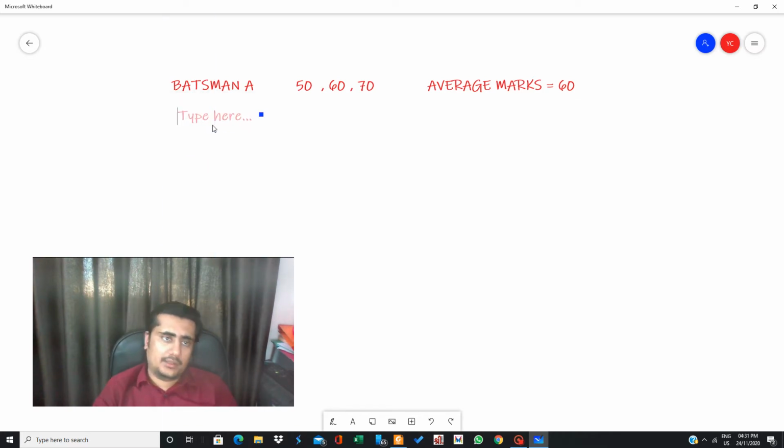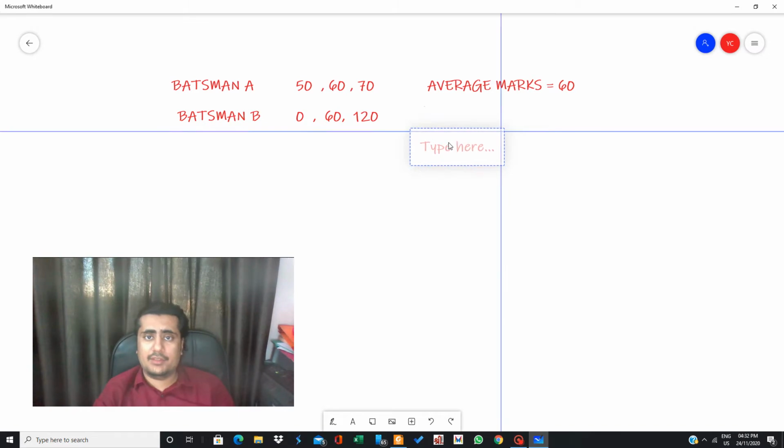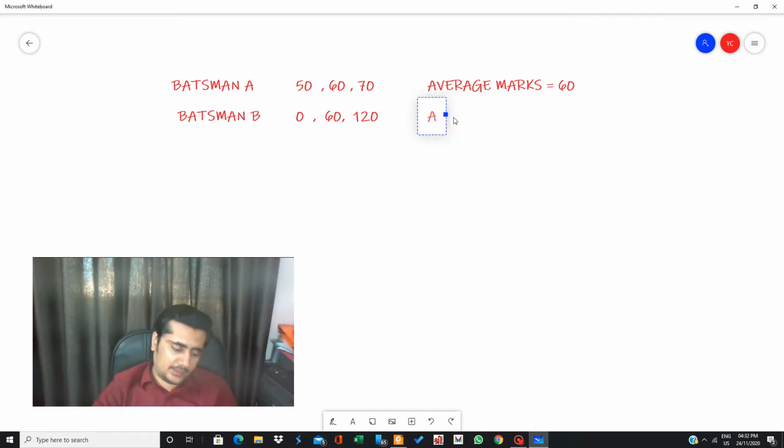In a similar manner, there is another batsman who scored 0 runs in the first match. In the second match, he scored 60, and in the third match, he scored 120.